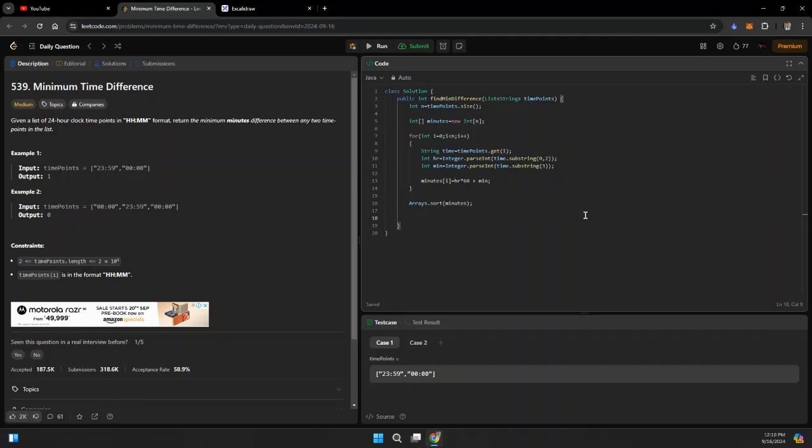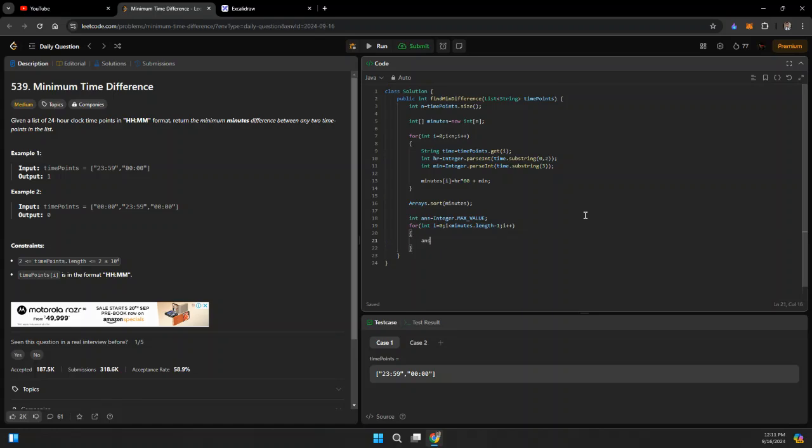Now let's take up the answer variable, which will hold our answer. Integer.MAX_VALUE, let's say, because we need to get the minimum time difference. Cool. So as I said while explaining, we will be iterating over the minutes array, which is sorted now, to get the difference between the consecutive, right? So let's do it. i less than minutes.length, of course, and i plus plus, right?